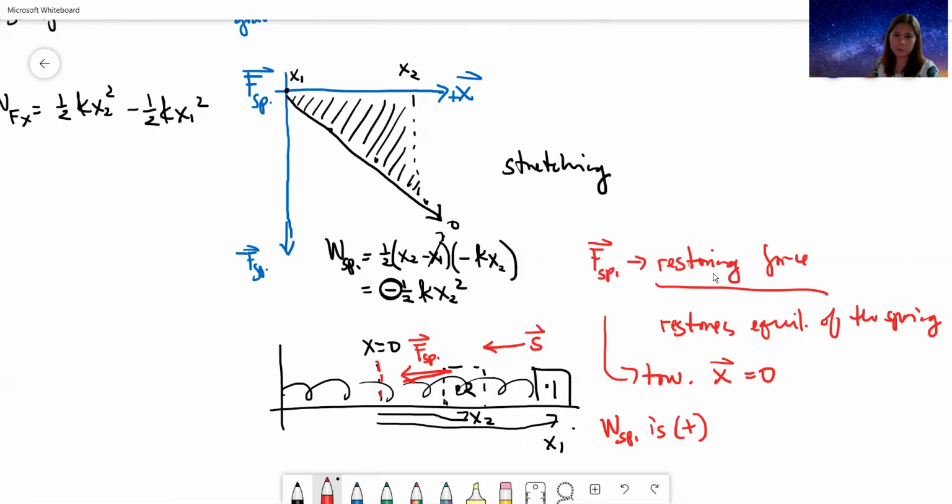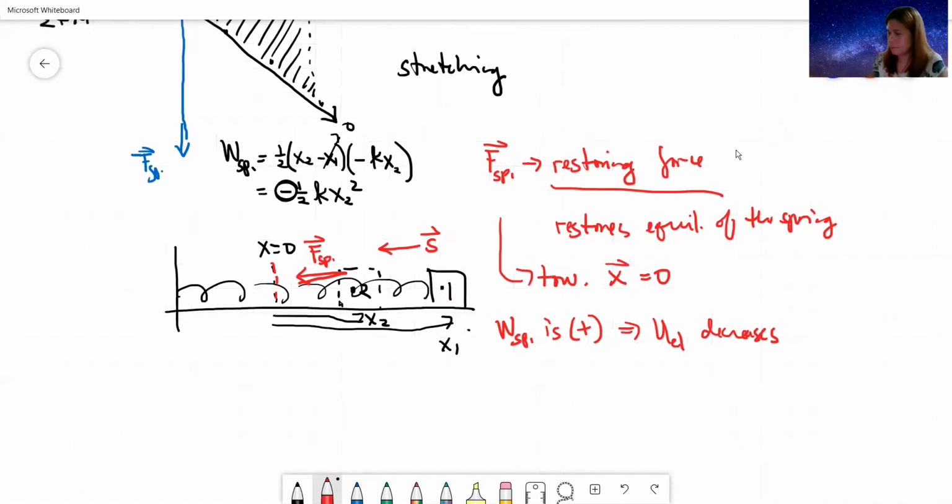Pag positive ang spring force, ibig sabihin, ang U elastic is going down. It's decreasing. Yan. Okay? Pag positive ang ginawa niya na work. So, kailan siya magpa-positive? Kung pareho sila ng, kung ang spring force, same direction with the displacement.